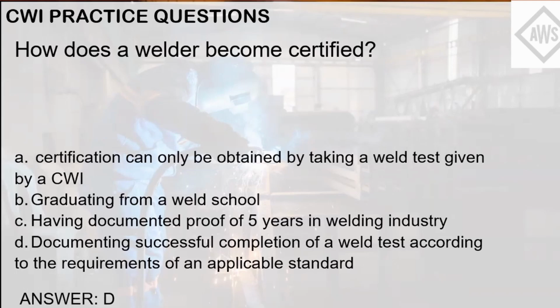They have different qualification tests that will be needed. If the welder passed those tests, then he will become a certified welder for that specific standard or for the specific welding process of that standard.